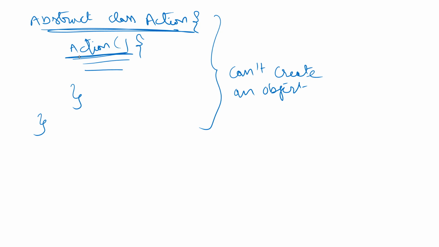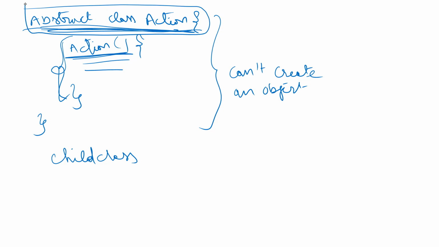So normally the constructors will be called whenever we create an object. So for this abstract class, since we cannot create an object, when will this constructor be called? The constructor will be called when we create an object for the child class. So in order to provide full functionality for this abstract class, we have to create a child class which extends this parent class.